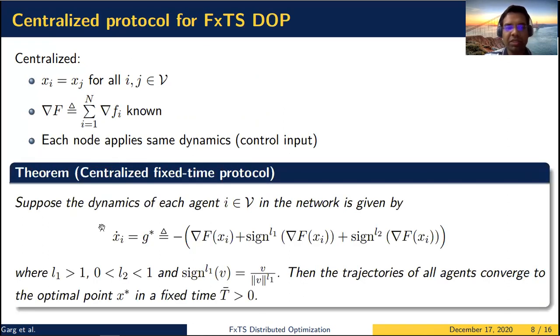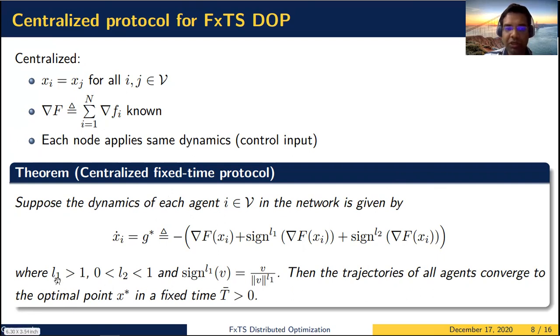So under these conditions, if the dynamics that each node is applying is given by this particular equation, which is basically the gradient of the summation of the function, that guarantees that the individual nodes reach the optimal point of the optimization problem.